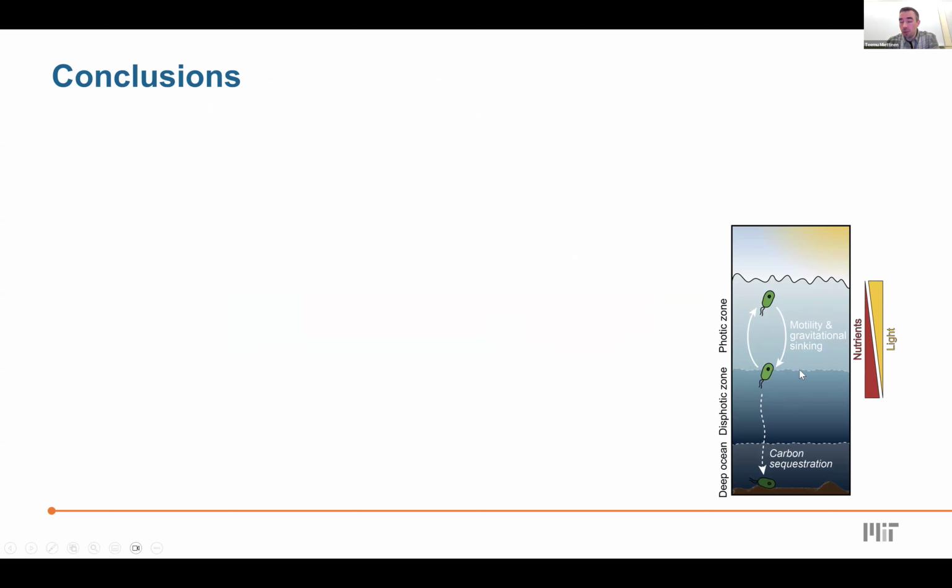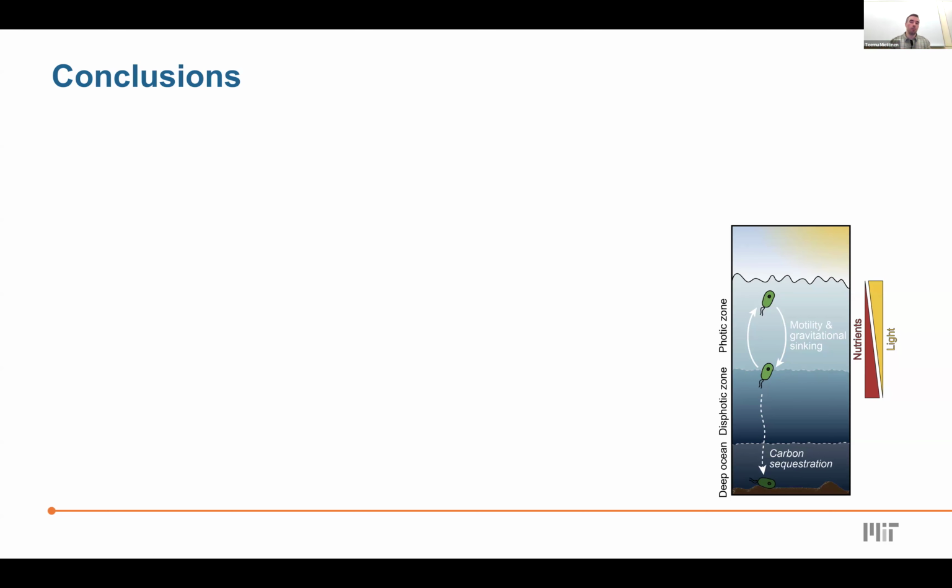Now, the cartoon is a little bit misleading in the sense that it shows the idea that a cell might sink from the surface ocean to this border of the photic zone, and that would be like 100 meters. And I don't think that happens with any of the species we study, because the sinking velocities for the small cells are simply too slow. What is more realistic is that the cells might be moving up and down in the water column, I don't know, maybe 5 meters or 10 meters.